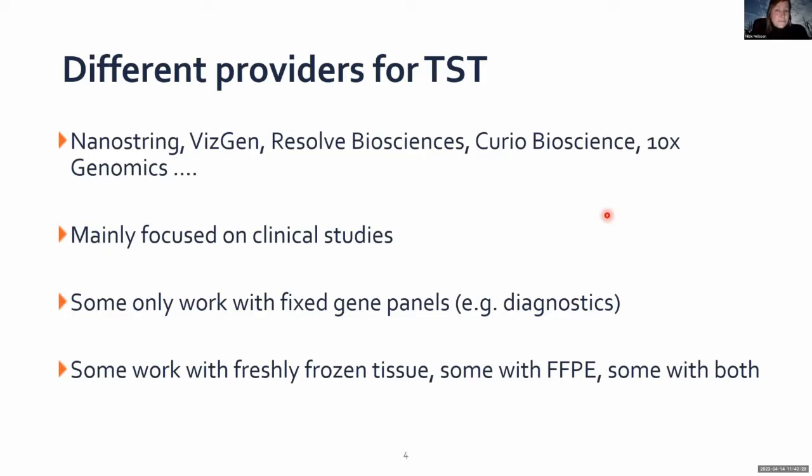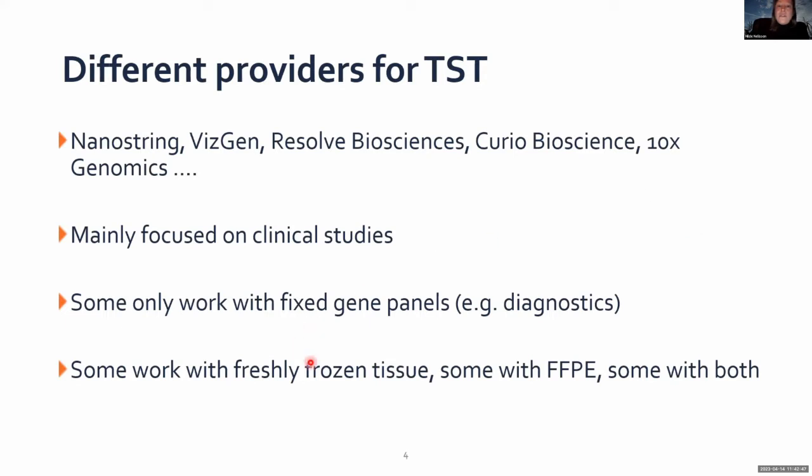Now, a lot of these providers initiate these technologies for clinical studies, and not all of them are also adjusted or willing to move into the plant world. And there are several reasons for this.